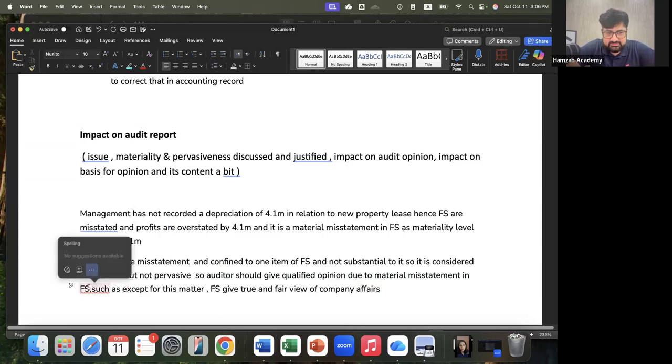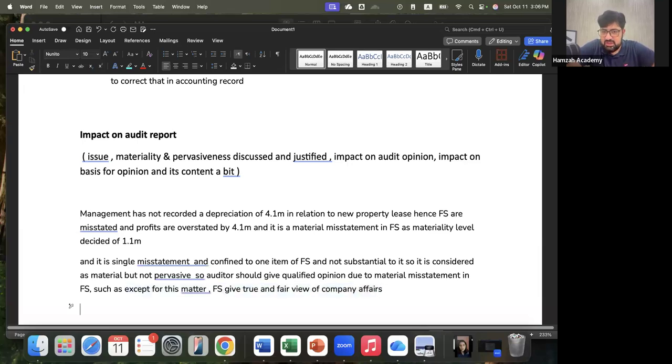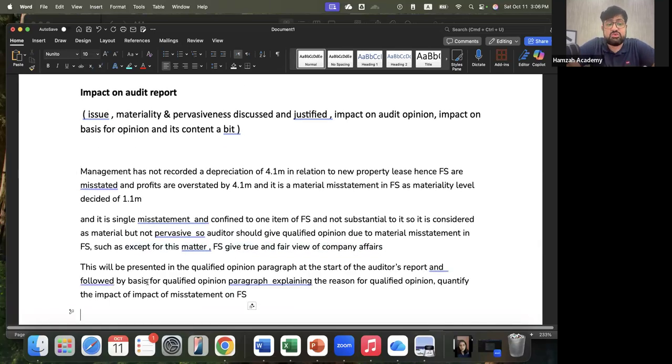So this will be given. It will be presented in the qualified opinion paragraph at the start of our report. Now, structure and content, followed by the basis for qualified opinion, explaining the reason for the qualified opinion, and quantifying the impact of the misstatement on the financial statements as well.